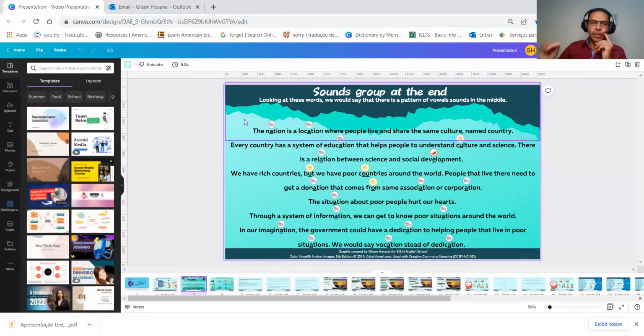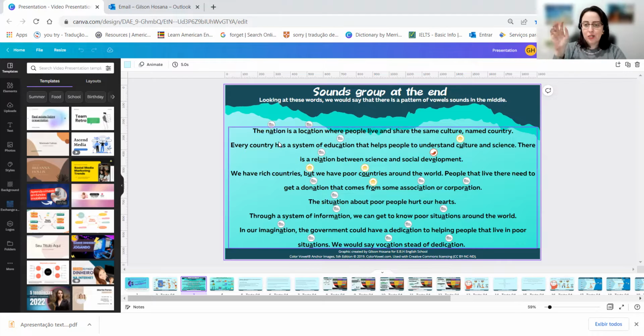For example, grade A nation, location. Nation, location, education, relation.